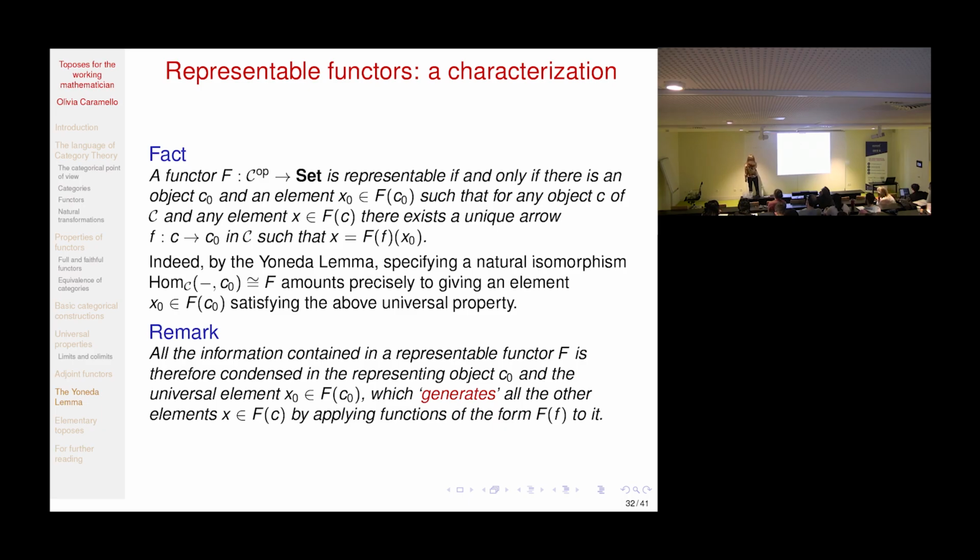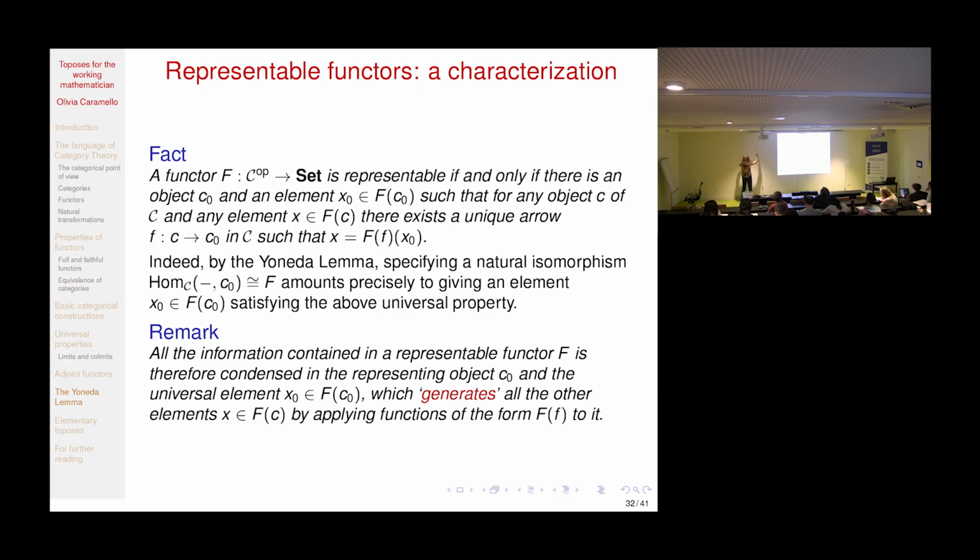So of course this is F of C, this is F of C prime, etc. And basically what we have is that for any x belonging to F of C, there should exist a unique arrow f from C to C0, such that F of f applied to x0 is equal to x.